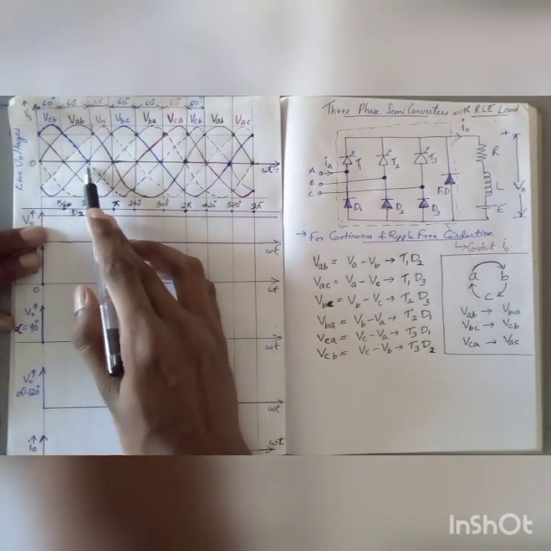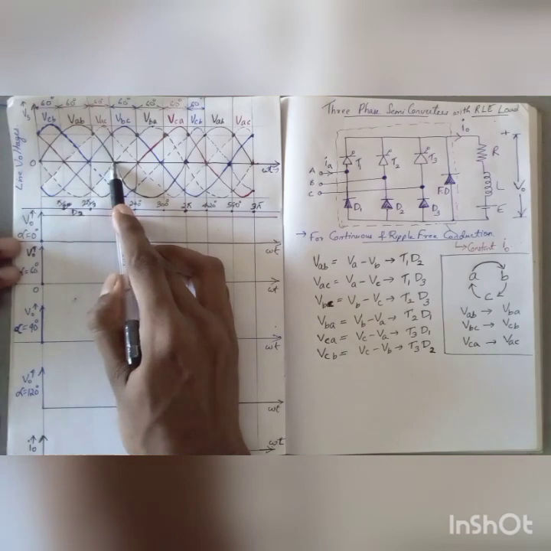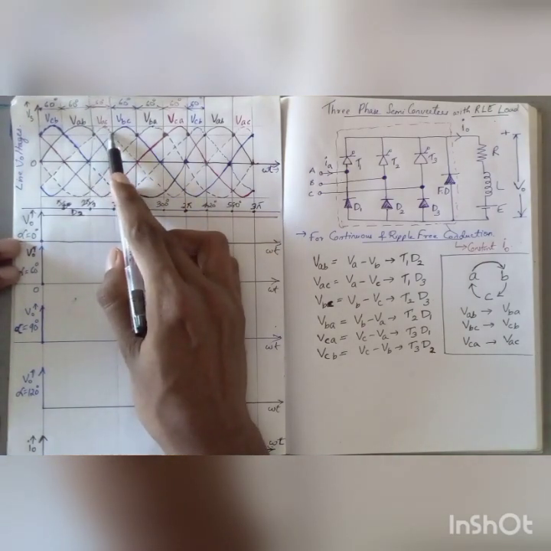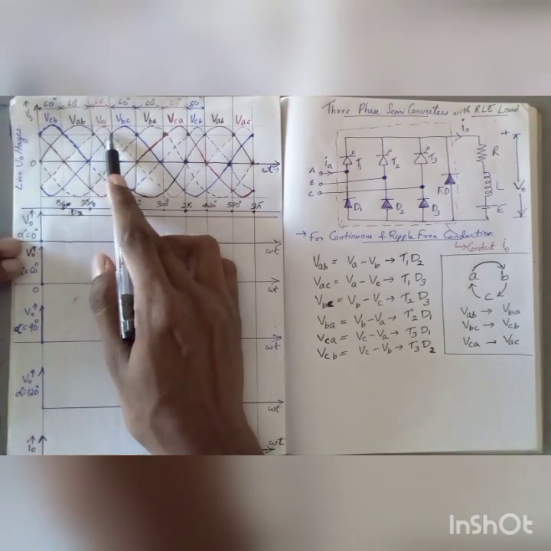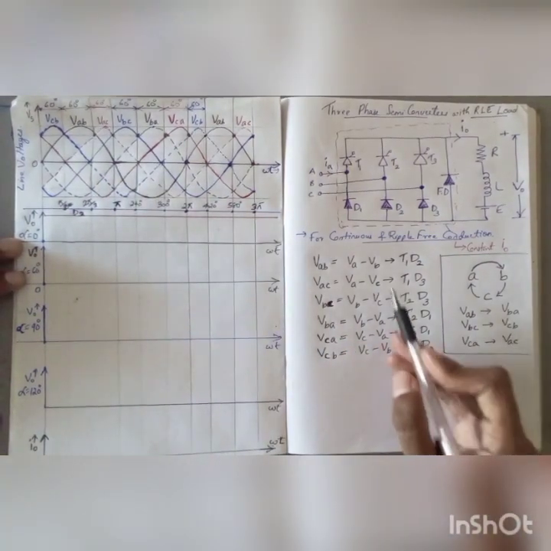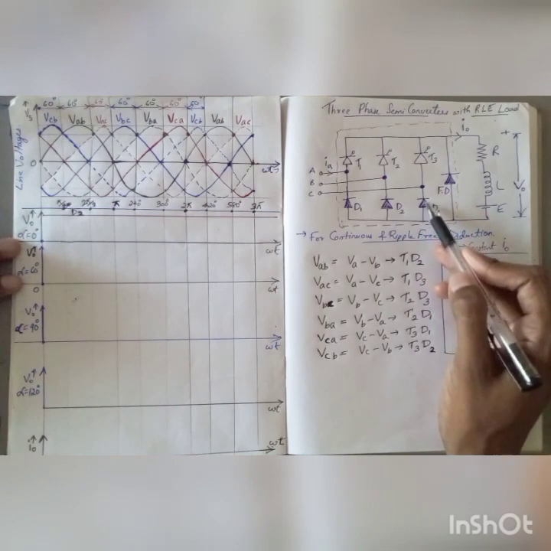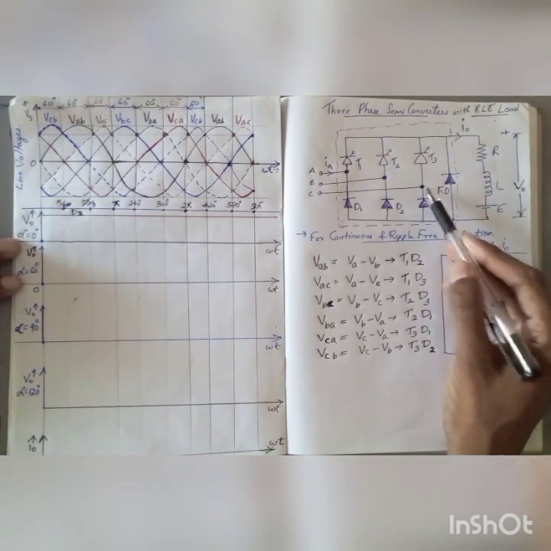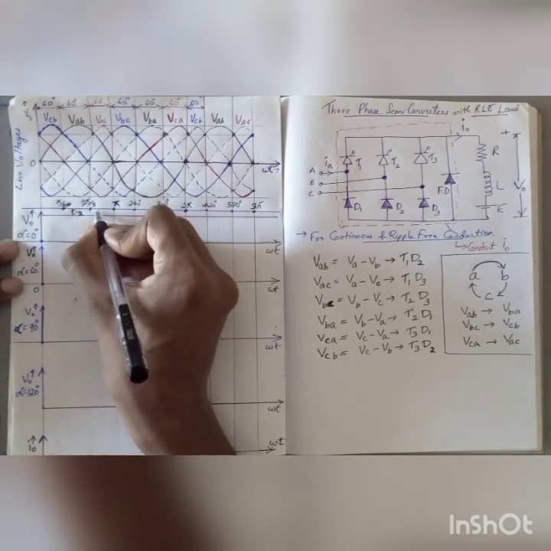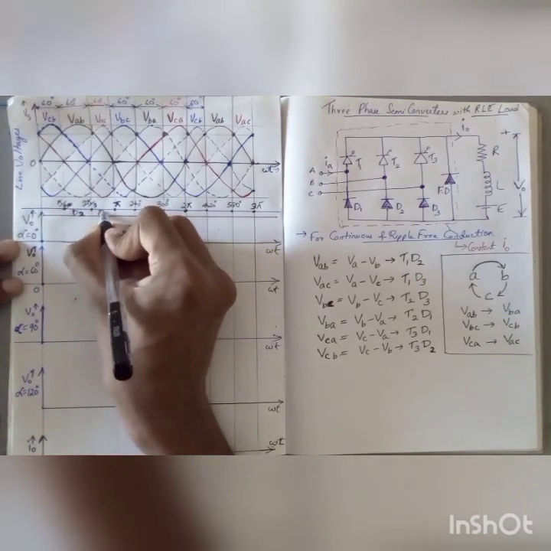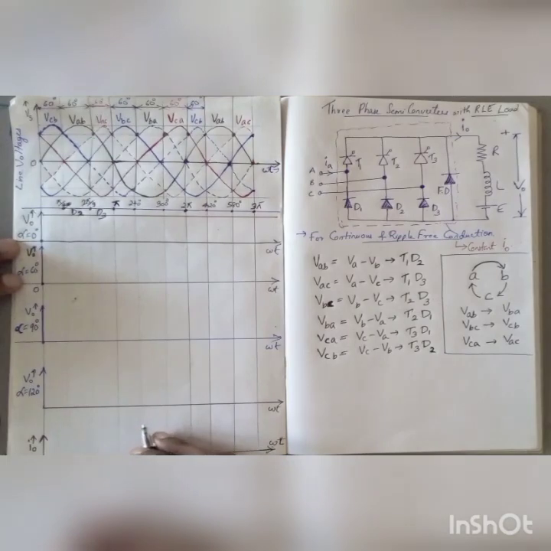From 120 to 180 degrees, what is the voltage? VAC is greater when compared to other voltages. VAC means VA minus VC. Minus VC means the cathode of D3 is negative, so D3 starts conducting between 120 and 180 degrees.